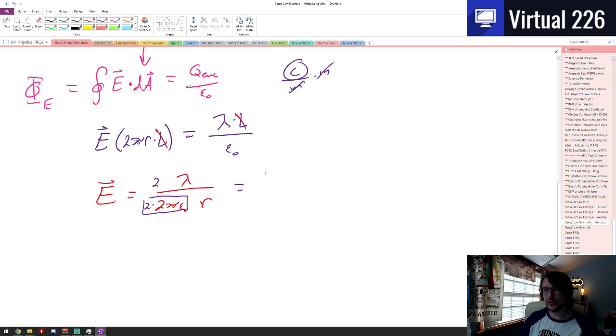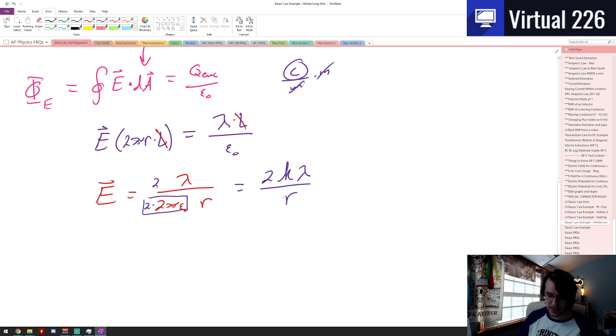So sometimes you'll also see this written as 2k lambda over r, where 2, k, and lambda are all constants, and r is the value that will change as you move away from the cylinder. Okay, so as you're moving outside the cylinder, you'll see this fall off as a 1 over r value.